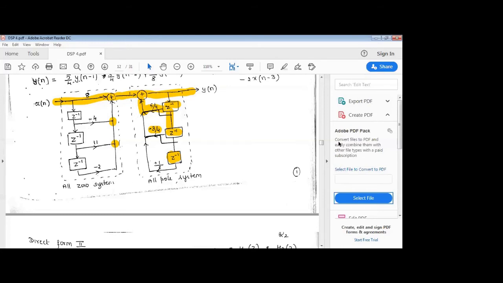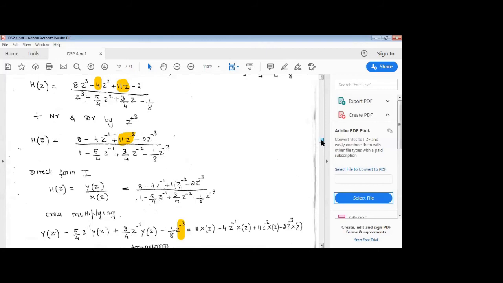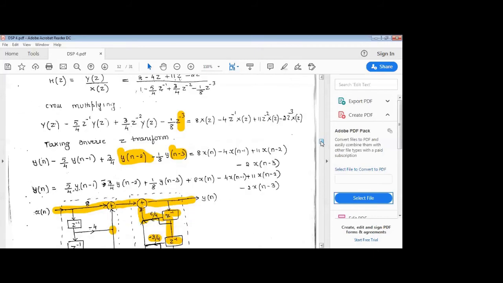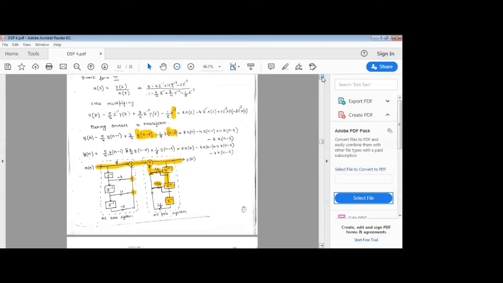Then looking at the zeros, this is the transfer function we have obtained, that is H of z given by 8 minus 4 z inverse plus 11 into z to the power of minus 2 minus 2 into z to the power of minus 3. Looking at this transfer function, I can directly write the structure. The 8 stays as it is, from x of n towards y of n.